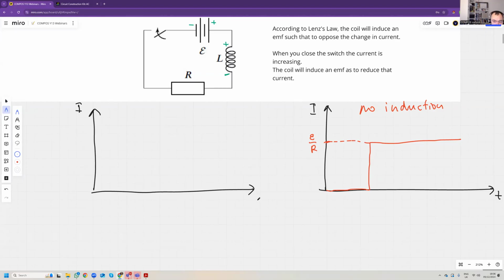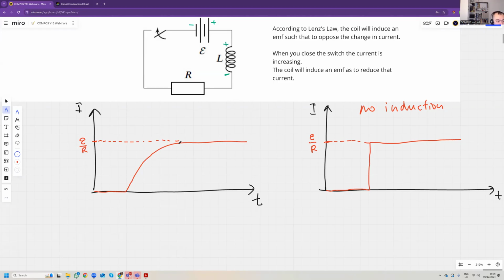The current versus time, and it would go 0, 0, 0, and then it would go like this. And that is still EMF over R.